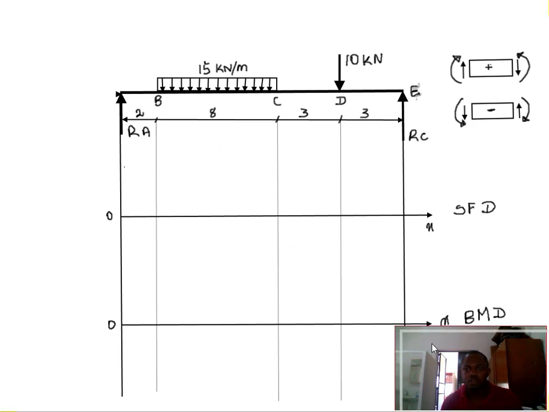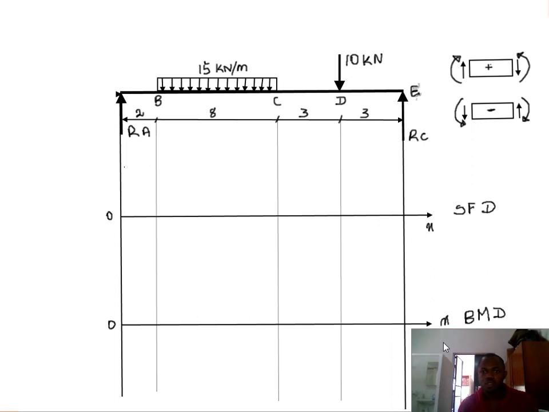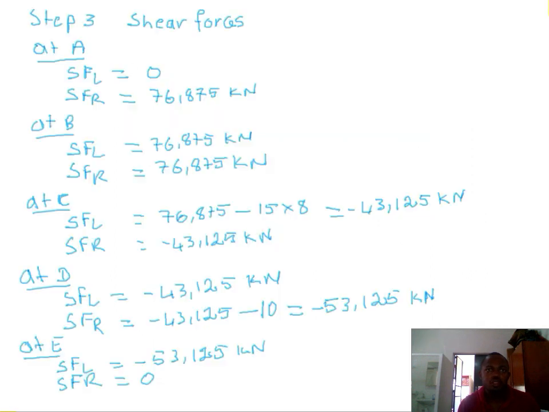Okay, let's just put it this way. The shear force at B, we had it. The shear force at B is 76.